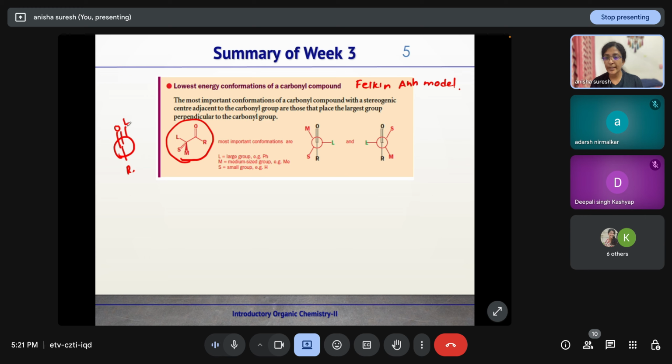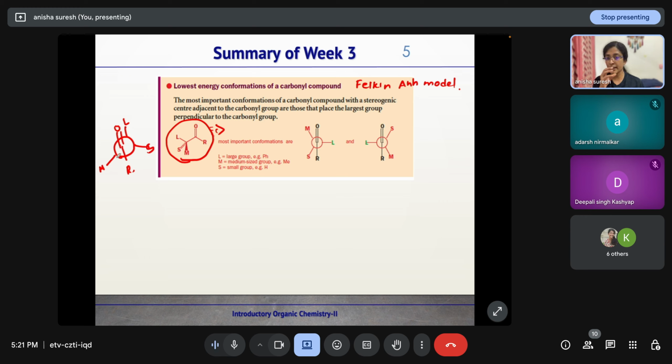So this large group we can place here, and if we are viewing from this direction, the medium group will be on our right hand side and the small group on our left hand side. We have to draw the conformation such that the large group is perpendicular to the carbonyl group.